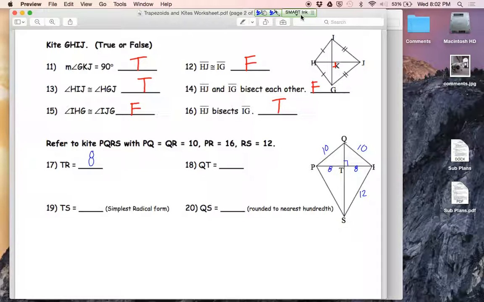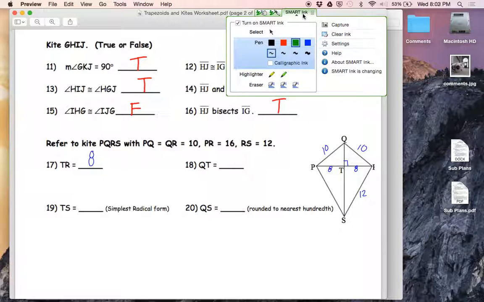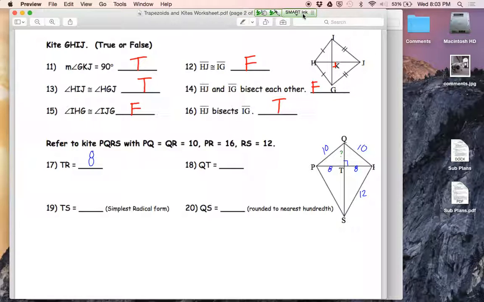QT. So to find QT, I'm going to use the Pythagorean theorem because we have a right triangle here. So I'm going to say x squared plus 8 squared equals 10 squared. So I get x squared plus 64 equals 100. When I subtract the 64, I get x squared equals 36.